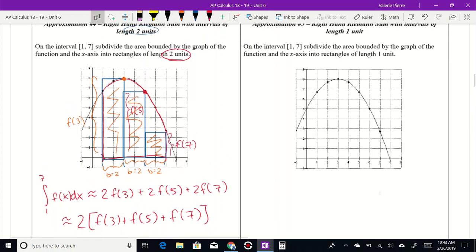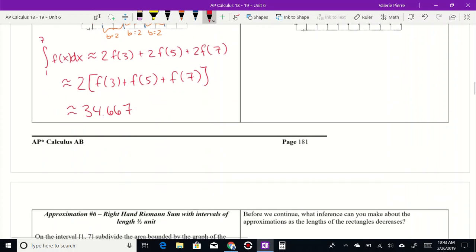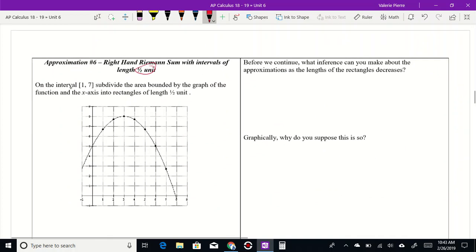Right? So you've either been assigned approximation 5 or 6. If you've been assigned approximation 5, you're looking at lengths of 1 unit. If you've been assigned approximation 6, you're looking at lengths of half a unit. Complete your approximation using a right-handed Riemann sum, where the right vertex of your rectangle is touching the curve.